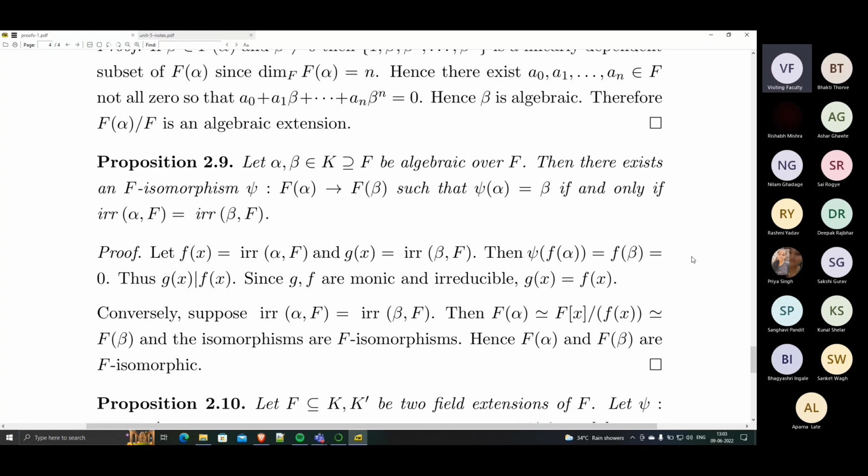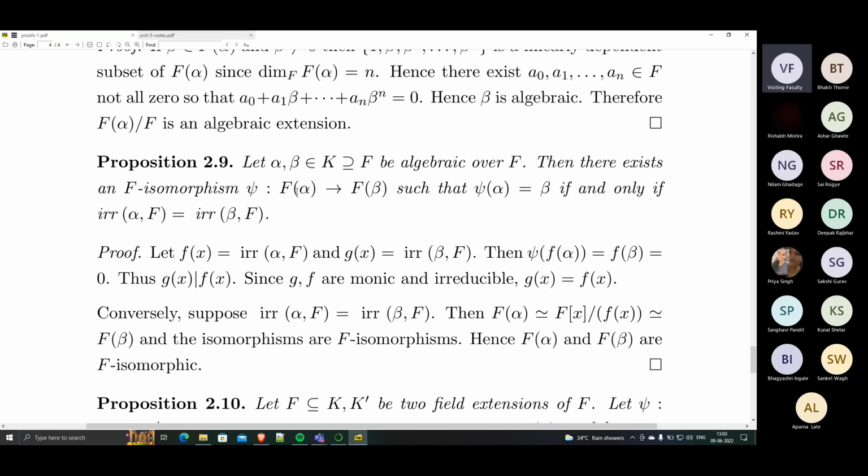So the statements seem a little bit complicated, but the proofs are very, very simple. We just need to understand some basic stuff, and then these become very obvious statements. They're using some very simple properties of algebraic elements and their polynomials, nothing else. The property that you always use about an algebraic element is that there is some monic irreducible polynomial that vanishes at it. The property that you use about minimal polynomials is that they are monic irreducible, and in fact, for the element that they correspond to, they are unique.